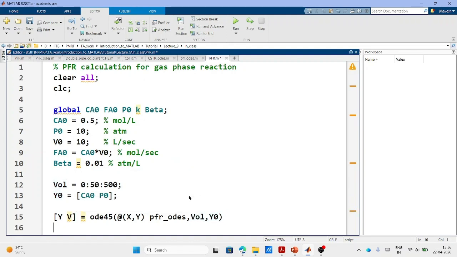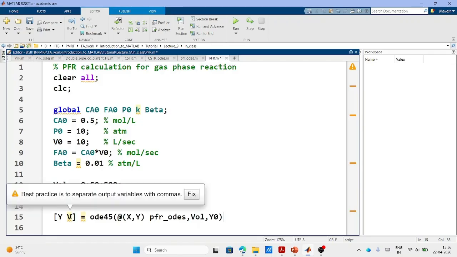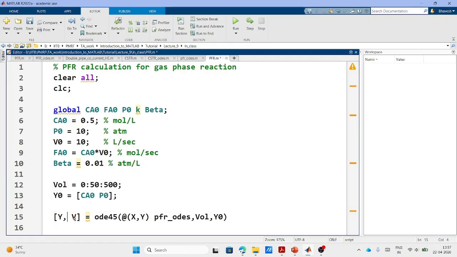Okay, let's just run this portion and see whether we are getting the correct answer or not. Okay, let's run.